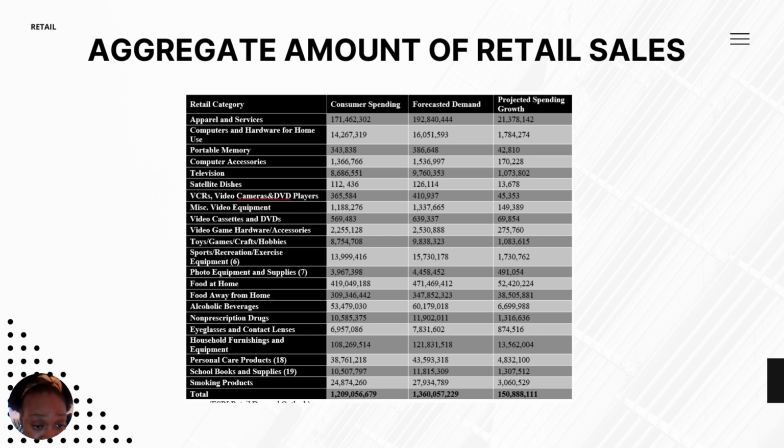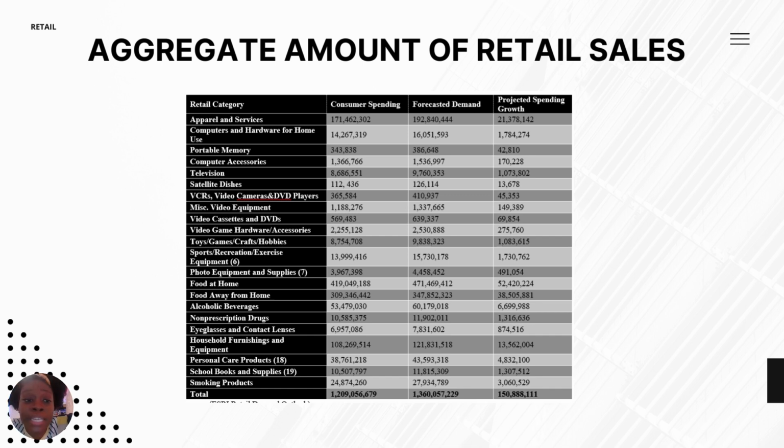So as you can see, these numbers are like 9 digits. That's definitely a major contributor to that retail category.